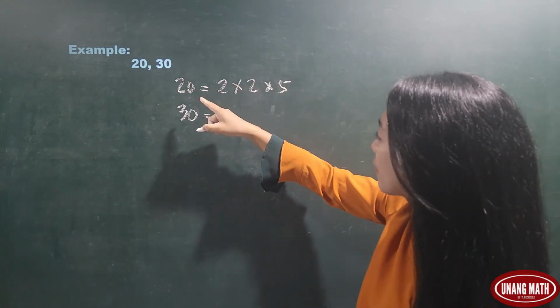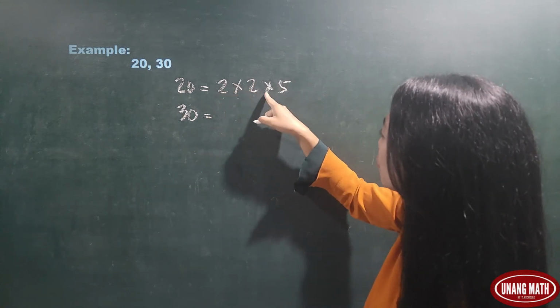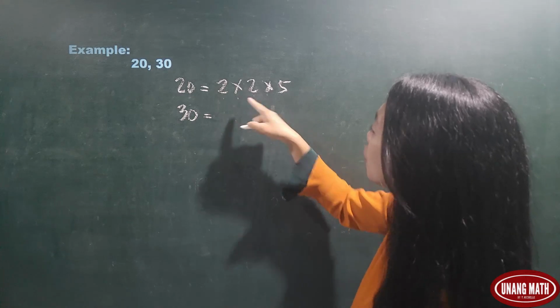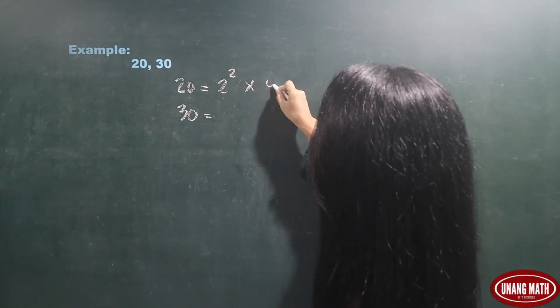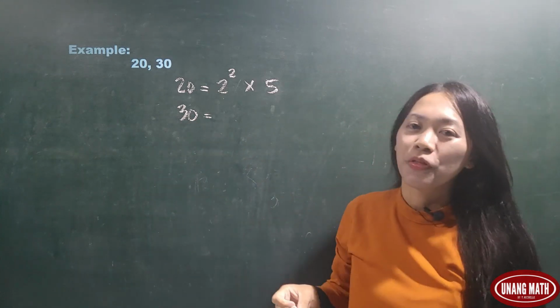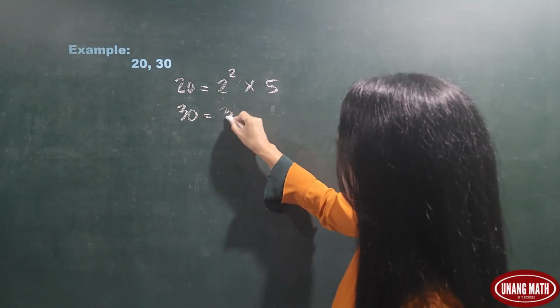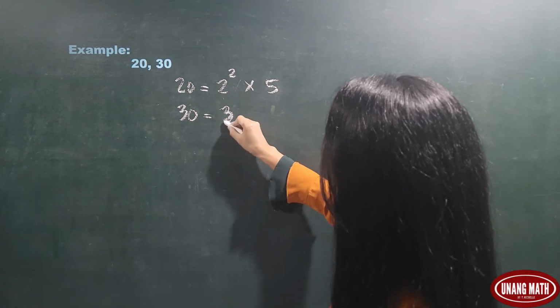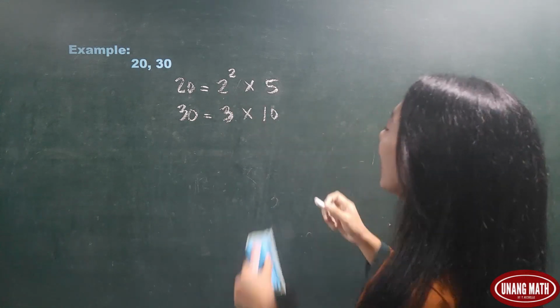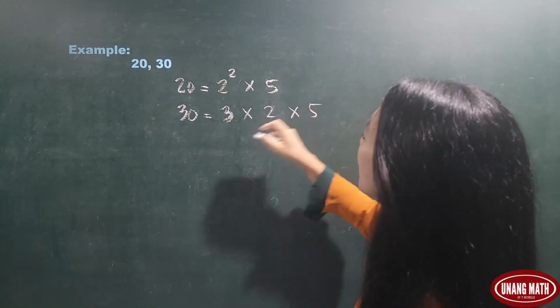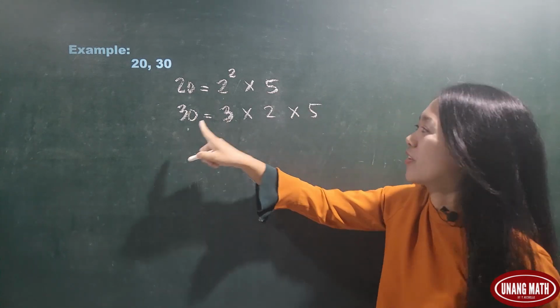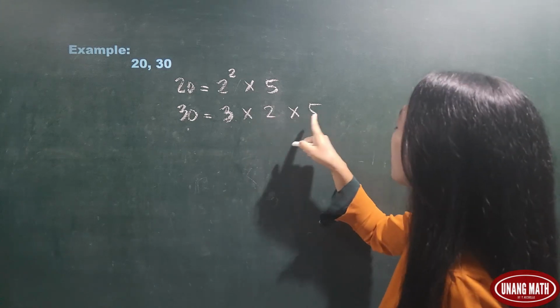So 20's prime factorization is 2 times 2 times 5, or 2 squared times 5. How about 30? 30 is equal to 3 times 10. And 10 is equal to 2 times 5. So 30's prime factorization is 3 times 2 times 5.